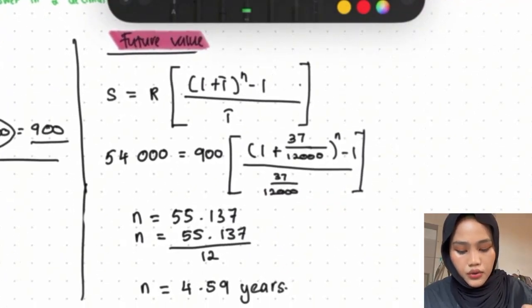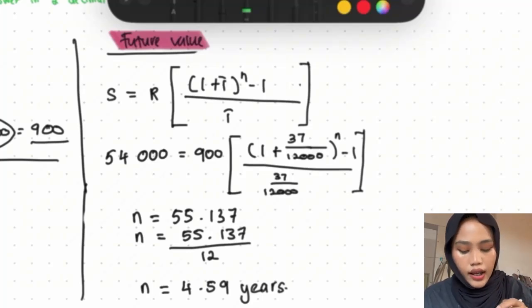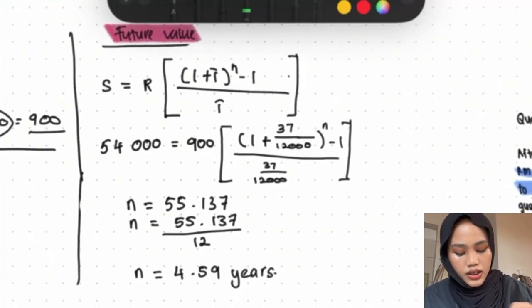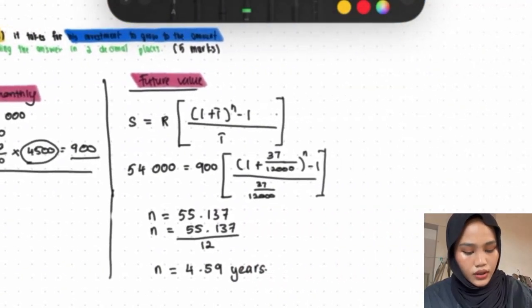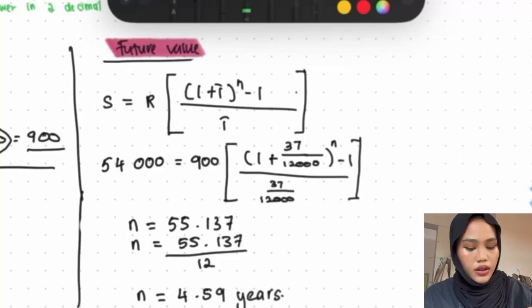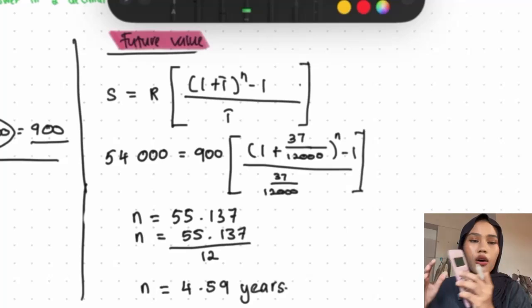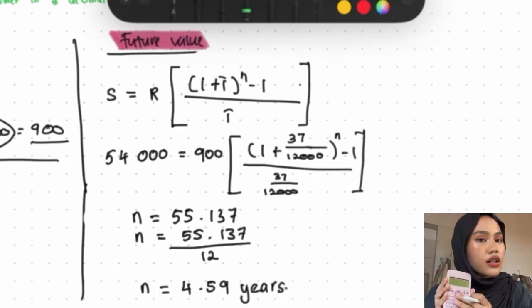We are using the future value. What you need to do is replace the S, R and i with the information that we already have. After replacing it, we don't have our n yet, because that is what we're looking for. So all you need to do is put it in your calculator and use the solve function.